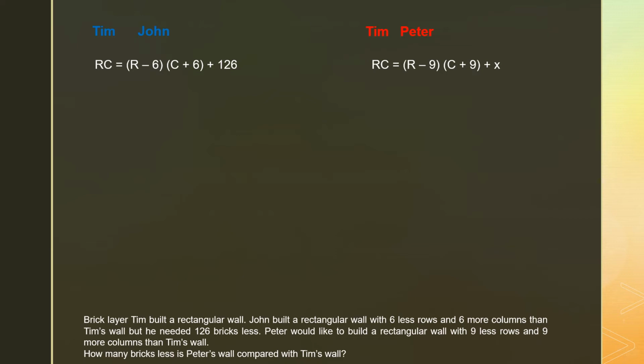So Tim's total number of bricks would be R times C, and John's is the bracket of R minus 6 times the bracket of C plus 6 plus 126.